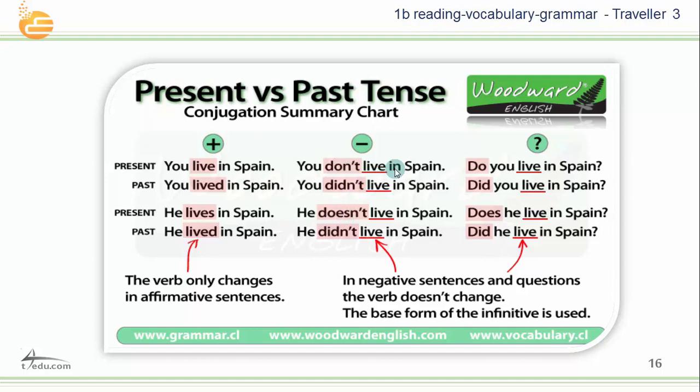So you don't live in Spain. But in the past, we don't use don't or doesn't. We use for I, we, you, they, he, she, it, all of them, did not. And also the verb after did not goes back into infinitive or present. So you don't live in Spain, this is negative in the present. You didn't live in Spain, this is negative in the past.